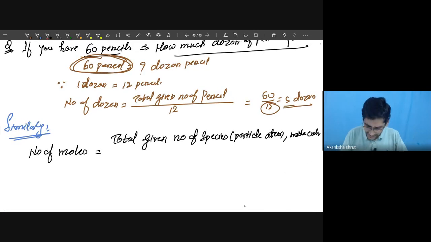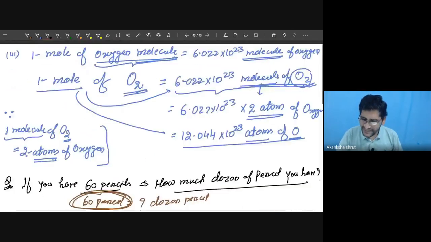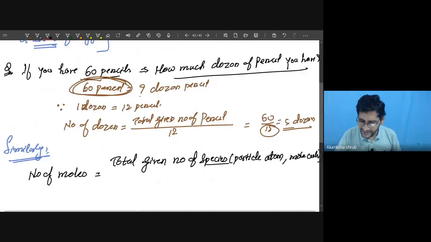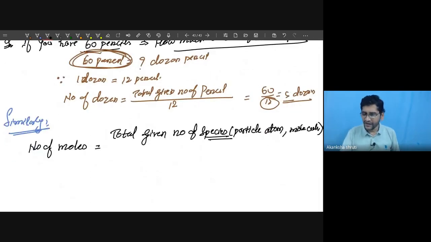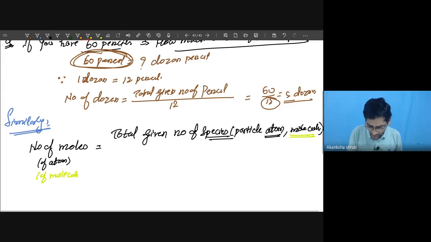So students, here we need to keep in mind, whatever species we are considering on the right hand side, if it is a particle, say atom, then we will get the number of moles of atoms. If we are considering the molecule, then it will give us the number of moles of molecules.